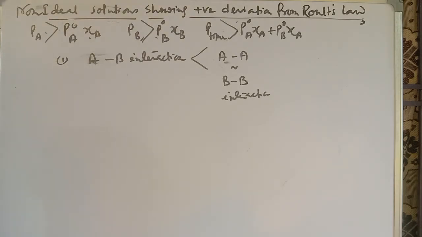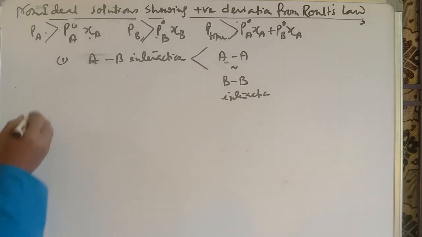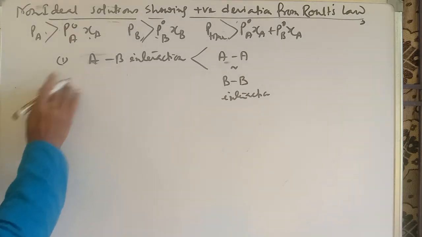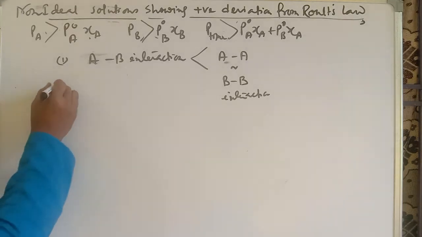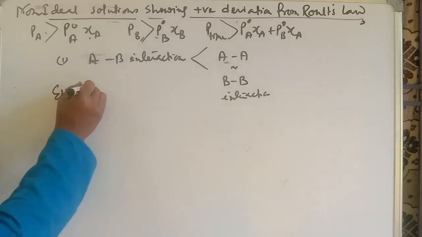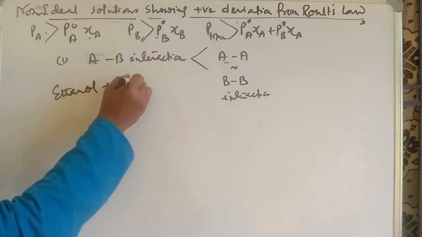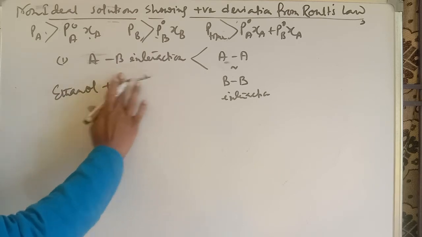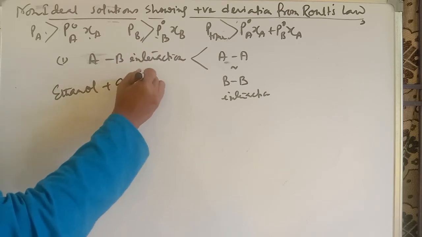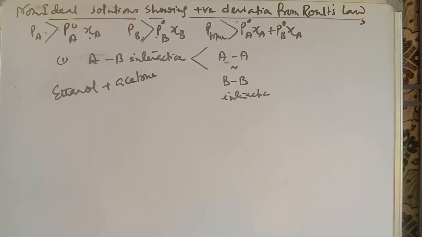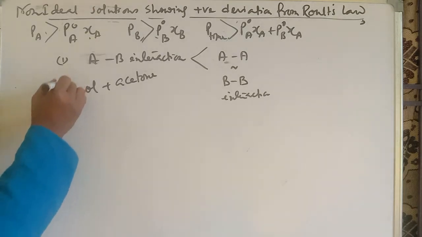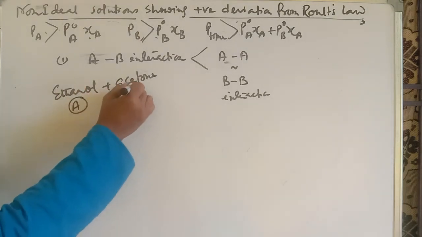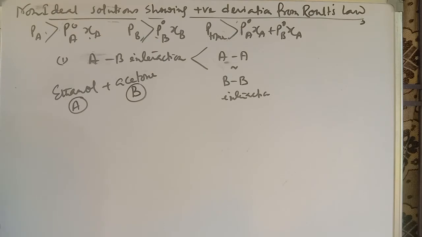Let us understand it with a suitable example. Suppose we mix ethanol and acetone. Now you can consider ethanol as A and acetone as B. So after mixing, what will happen? Let us see.